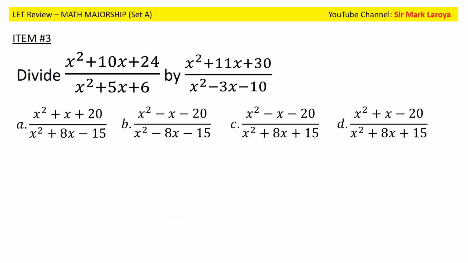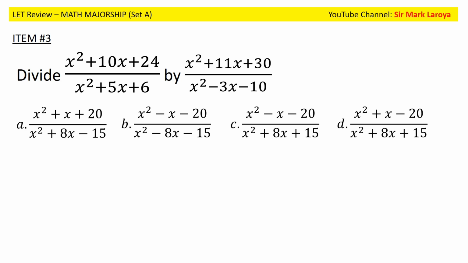For item number 3, divide x squared plus 10x plus 24 all over x squared plus 5x plus 6 by x squared plus 11x plus 30 all over x squared minus 3x minus 10. A. X squared plus x plus 20 all over x squared plus 8x minus 15.